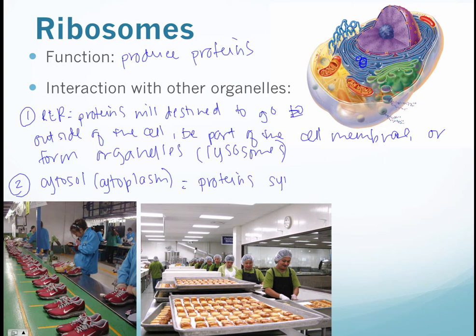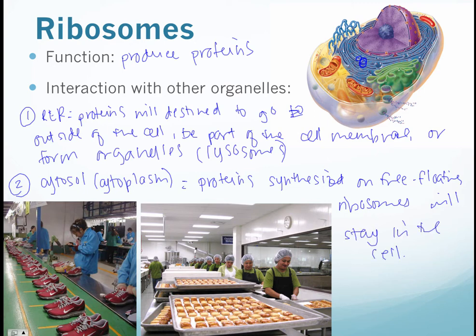So proteins synthesized on free floating ribosomes will stay in this cell. All right, two different things. Now, what are these proteins that can stay inside the cell? Well, they can be enzymes. They can catalyze different reactions within the cell. And so there's actually lots of proteins we have within our cell itself. They can regulate when the cell will continue to grow, when it will die, and so on and so forth.